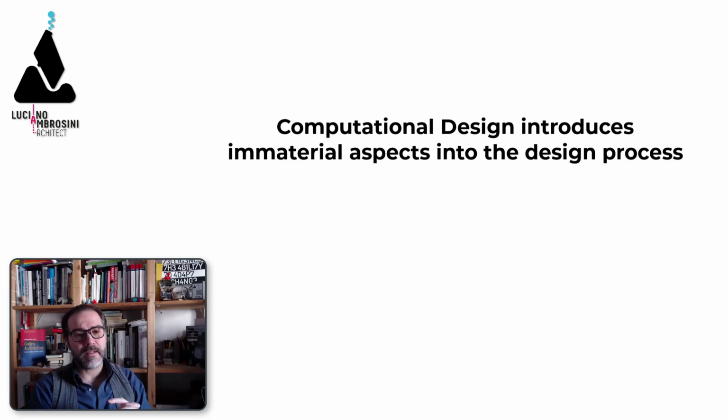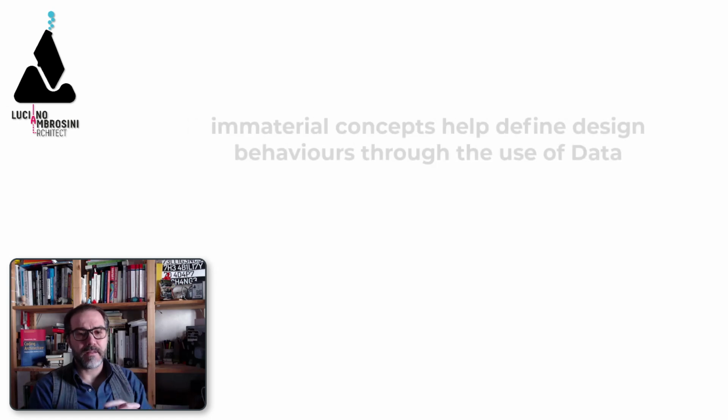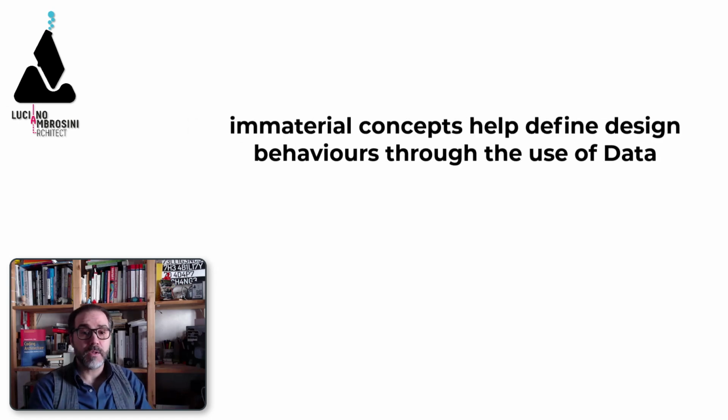Obviously, this immaterial, in any case, will be representable by data. Water, wind, the effect of water and wind, or the effect on well-being conditions, thermohygrometric conditions, managing solar availability inside a building. Let's move on to the next slide.